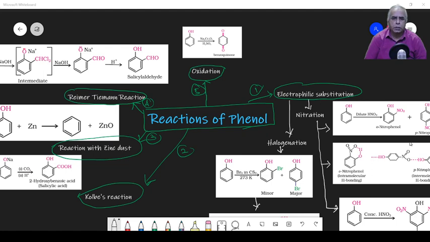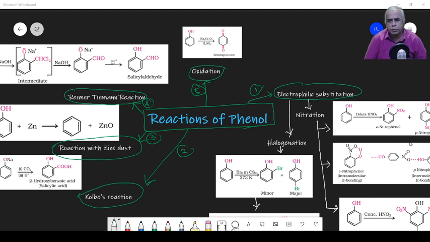In the first case, that is the electrophilic substitution, it involves 3 important steps. Step number 1 is the generation of electrophile, that is, the formation of electrophile. Then attack of electrophile, followed by delocalization of pi electrons in the benzene ring.